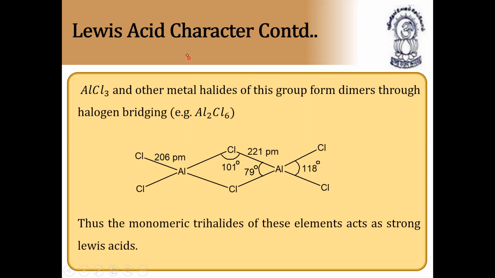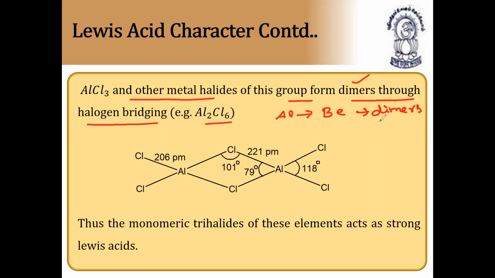Next, continuation. Aluminium chloride and other metal halides of this group form dimers. Dimers means two molecules combined with halogen bridging, that is Al2Cl6. That's why aluminium has a diagonal relationship with beryllium, because beryllium also forms dimers, which you have seen in the previous chapter.